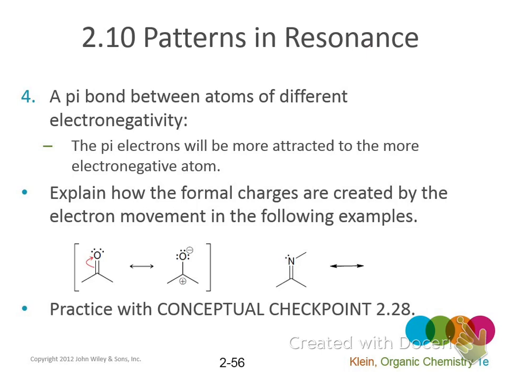So in the other example that they gave with the nitrogen, you could just follow the example, take the electrons from the nitrogen pi bond and push them back onto the nitrogen. So then in your other resonance structure, you have that, and then you have to deal with charges. What's the charge of the nitrogen?